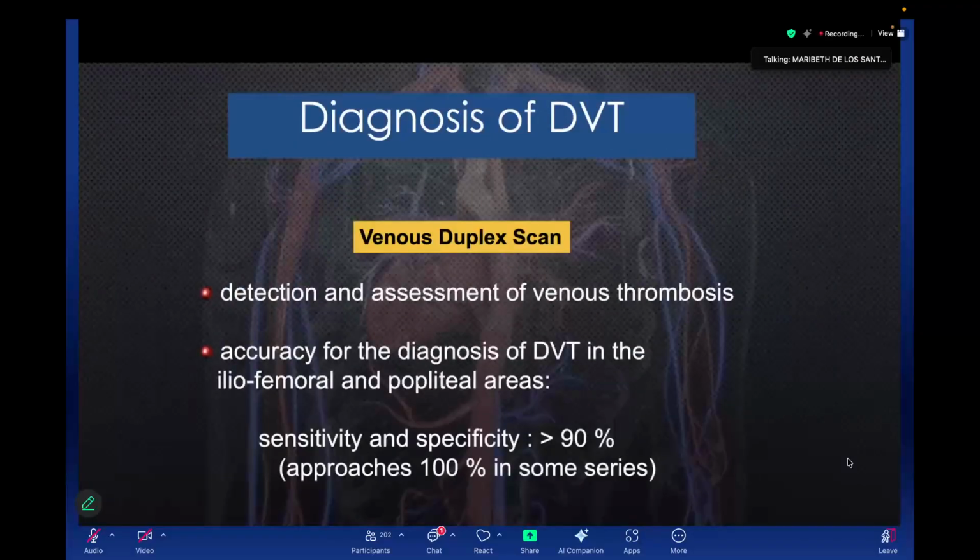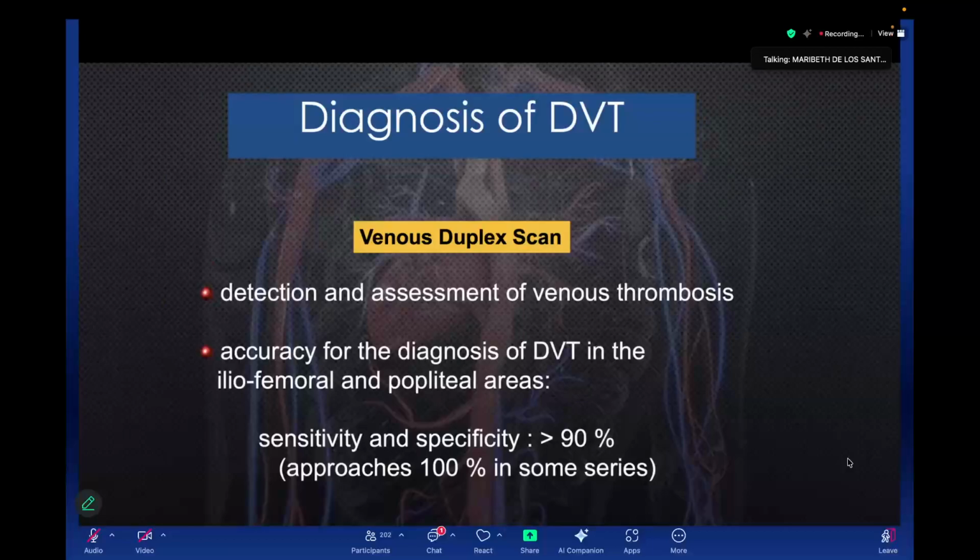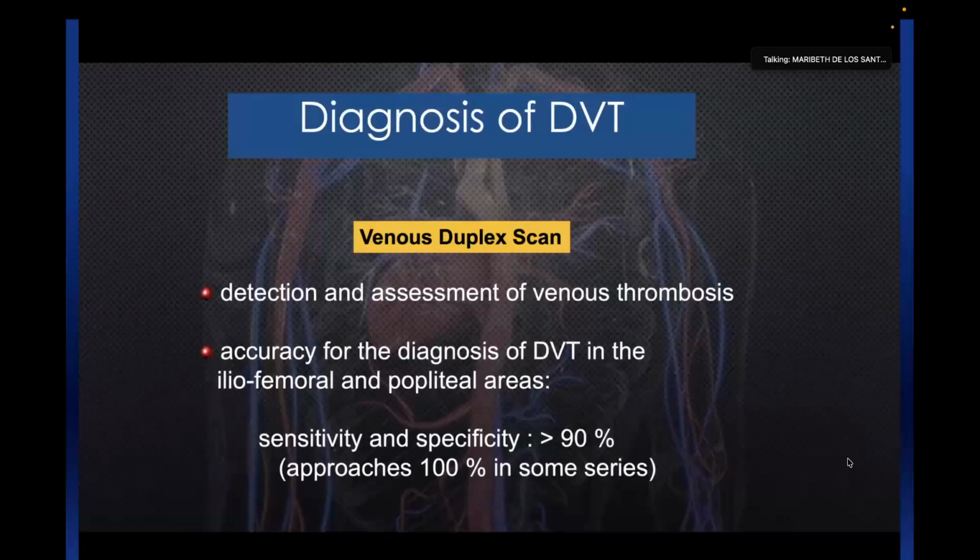Usually the venous duplex scan can detect the presence of DVT in the iliac, iliofemoral, and the popliteal vessels. So it has a sensitivity and specificity of more than 90%, which approaches 100% in some series.